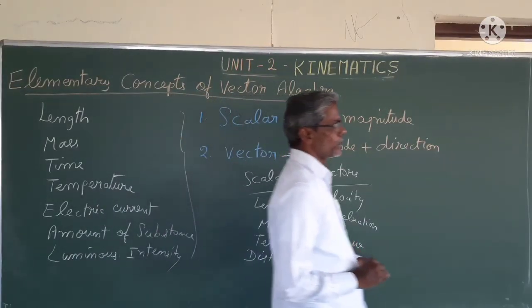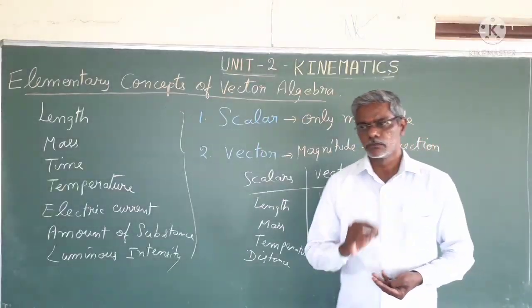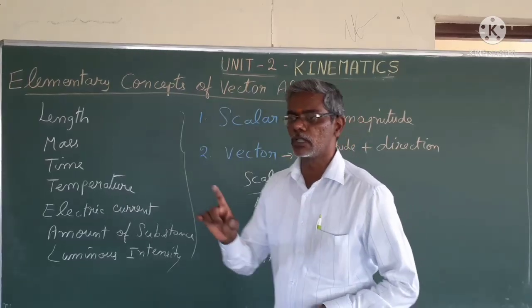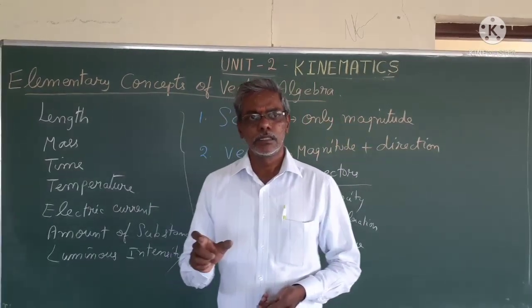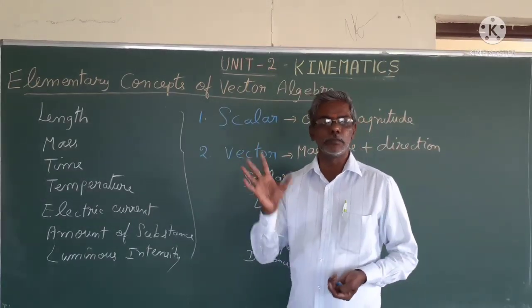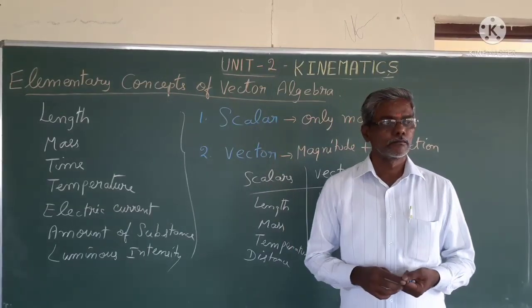Now, I will give an example for scalar and vector. Your school is at a distance of 5 km from your house. Here, I used only one dimension, that is distance, 5 km. This represents scalar.